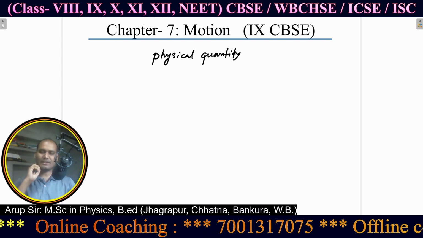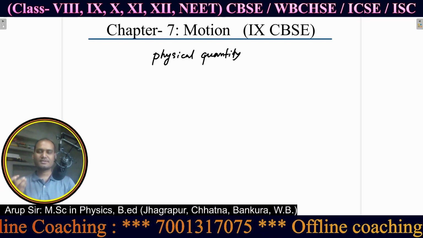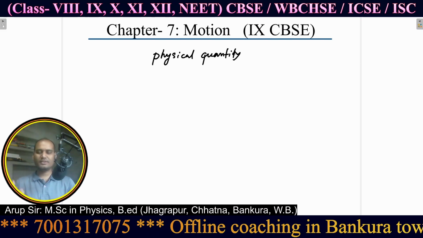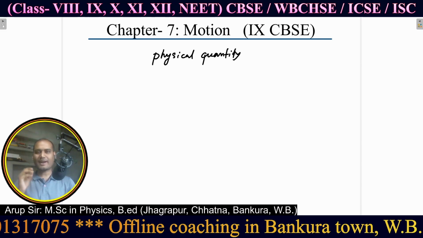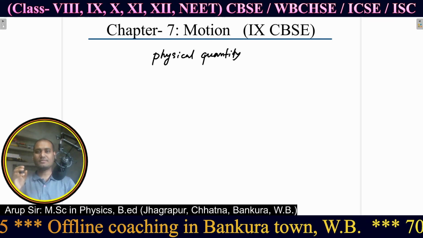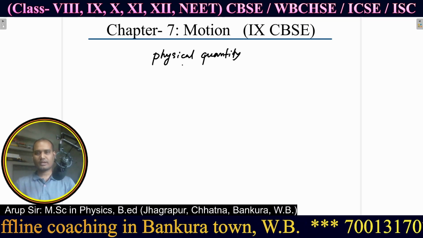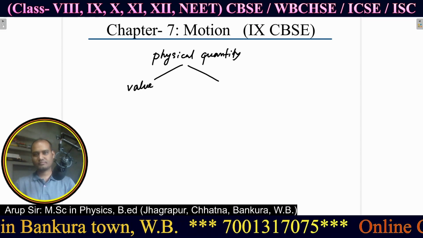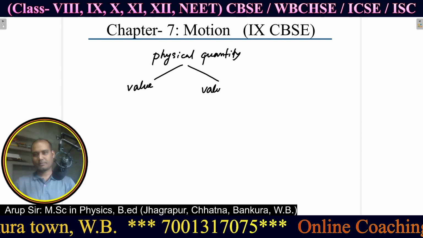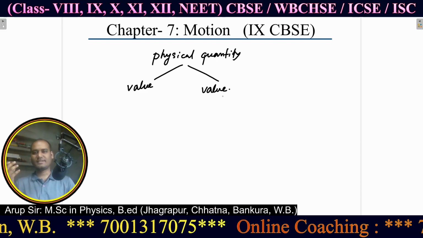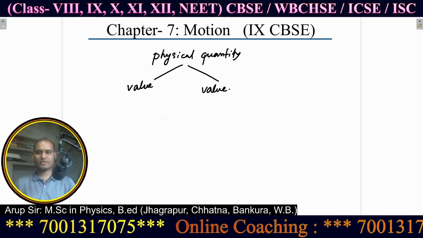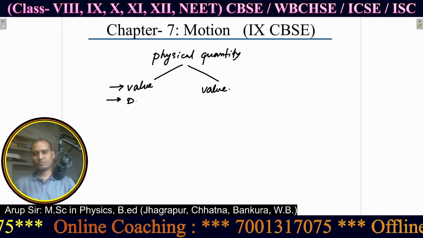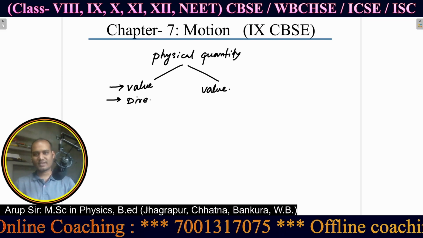Obviously any physical quantity, like mass, density, pressure, velocity, speed, anything it may be, will have some value, right? So a physical quantity must have a value, but it is not necessary that it has some direction. Value is present, it is confirmed, but nothing we can say about the direction.